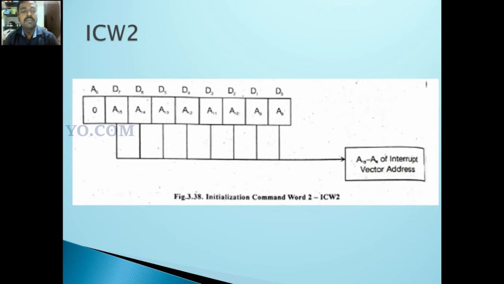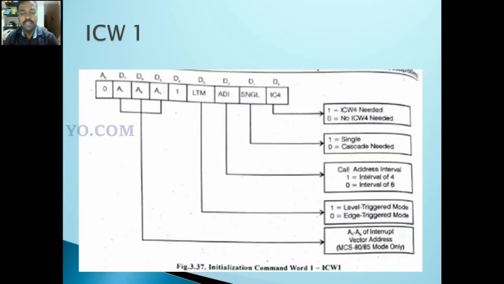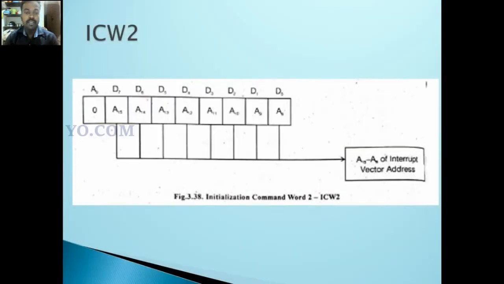Next one is ICW4. The ICW4 has some specific functions. Actually, 5 different functions are available here. The first one is MPM. If it is 1, that is 8086 mode.